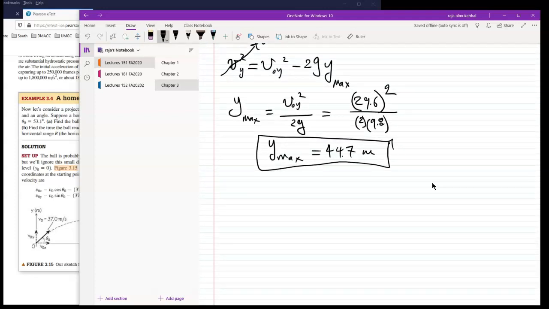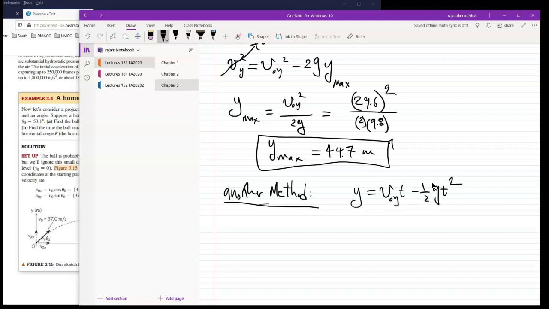Here's another way of doing it. I'll use the good old kinematic equation, the one we use all the time, the default one: y equals v naught y t minus 1/2 g t squared.